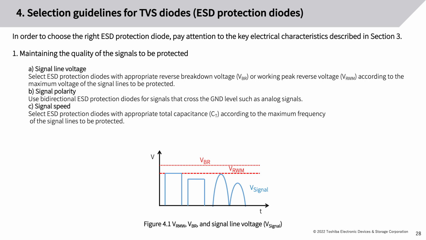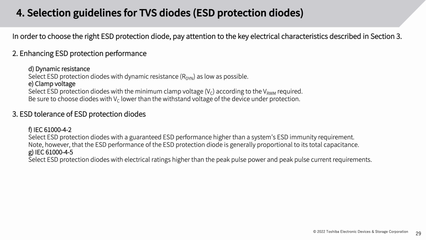B. Signal polarity. Use bidirectional ESD protection diodes for signals that cross the ground level such as analog signals. C. Signal speed. Select ESD protection diodes with appropriate total capacitance, Ct, according to the maximum frequency of the signal lines to be protected. 2.